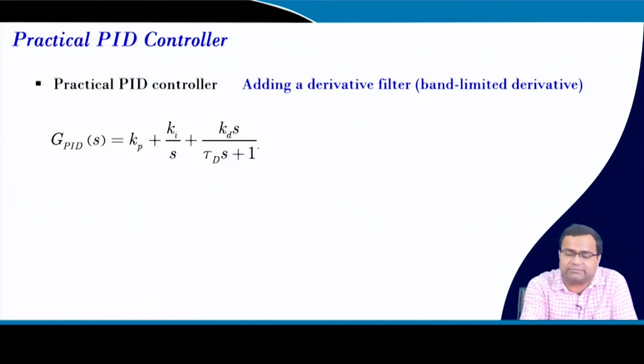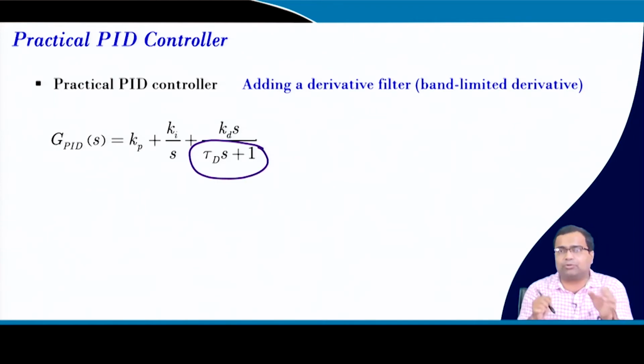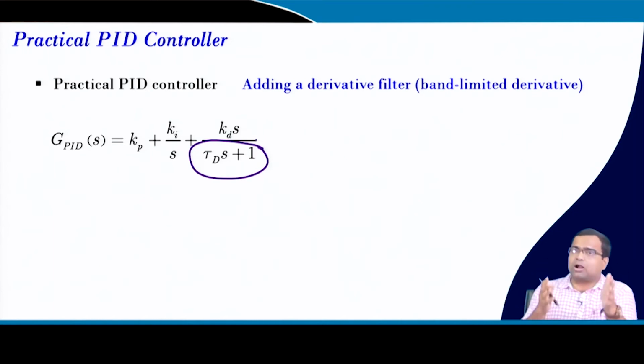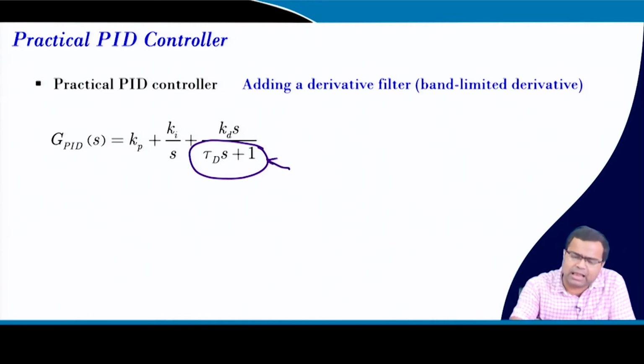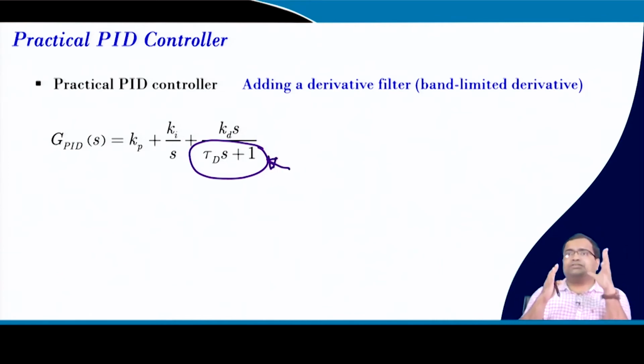You can put in an intentional derivative filter, or it can be part of the op amp, because an op amp has limited bandwidth. But generally we take an op amp with a very high bandwidth, so we place this derivative pole as a filter pole as per our wish, because we need to choose this pole to meet certain requirements. So it is our design choice where we are going to place this derivative filter pole.